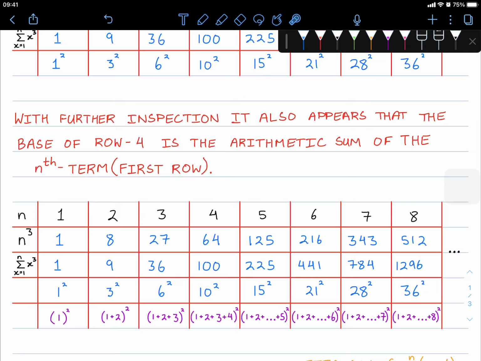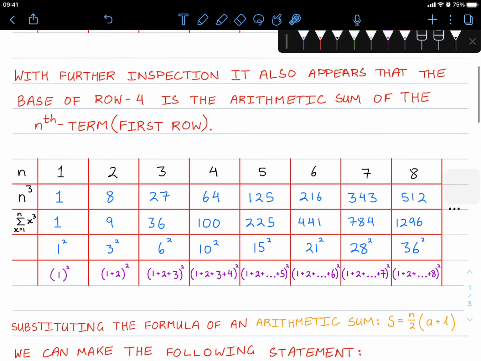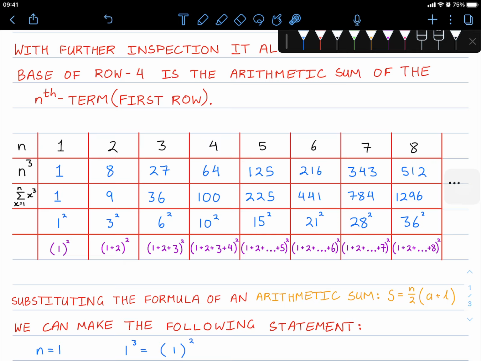That's kind of interesting. Now, if we substitute the formula for the arithmetic sum, n over 2, first plus last, we can make the following statement. Take a look.